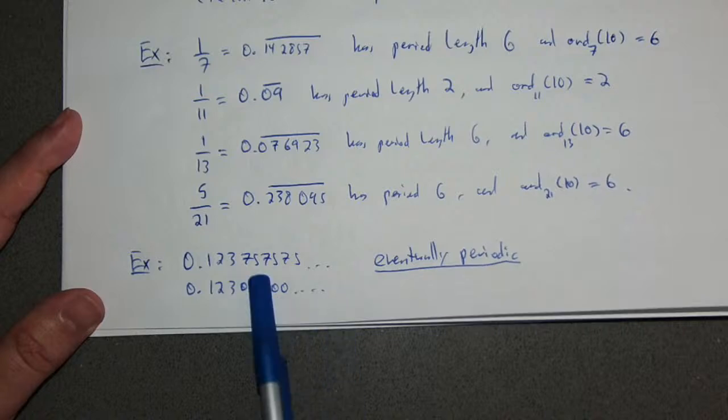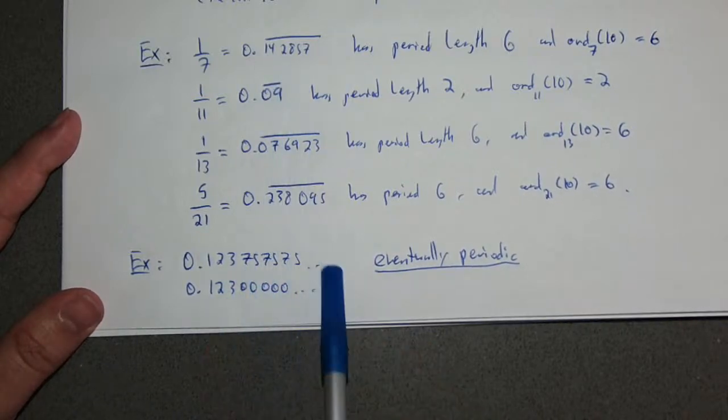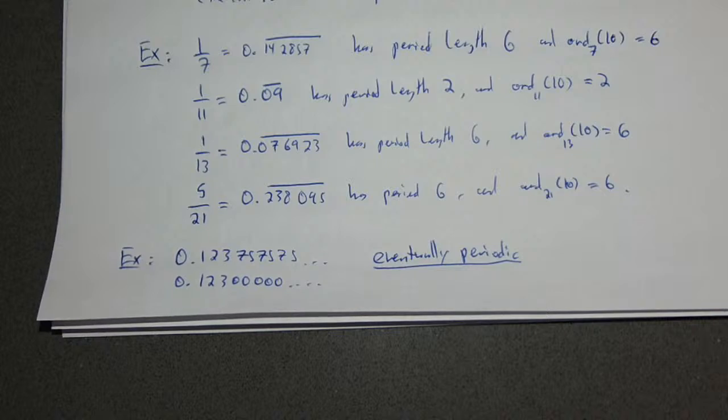So eventually there is this repetition, and past a certain point we could stick a bar over some block, and the smallest block we could do that for is the period length, and then it just repeats after that. Of course, there's a more formal way that you could say that, which we're about to see in the proof of the next theorem, like how you could explicitly state eventually periodic in a precise way.